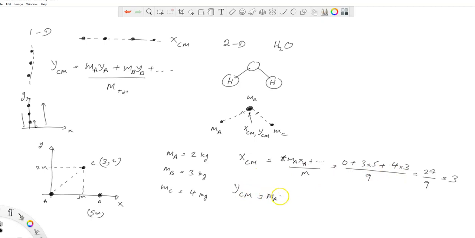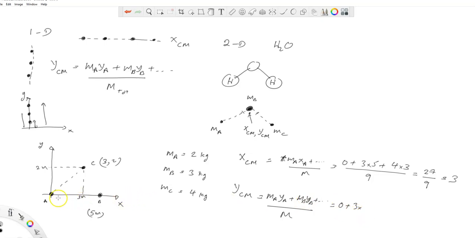All right, YCM. So MAYA plus MBYB plus MCYC, all that divided by the total mass. Again, since we put A right by the origin, the distance becomes 0, so the first term becomes 0. That's a good way to reduce the amount of calculations. Place at least one mass right on the origin. All right, MB is 3 kilograms.